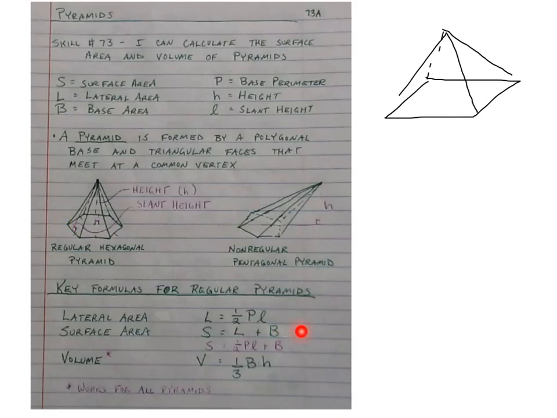So you can think of that as L plus B, or 1/2 PL plus B. And then finally the volume is 1/3 base area times height. That formula works for either regular or non-regular. So this is a great formula, but unfortunately lateral area and surface area only work for the regular pyramids.